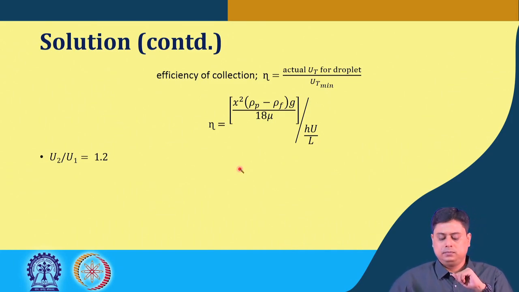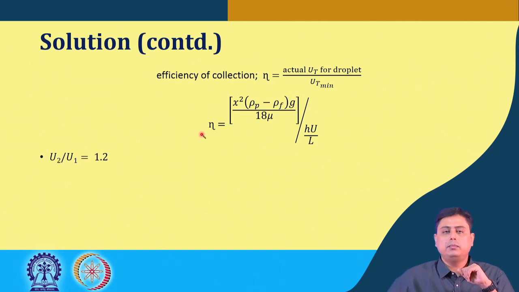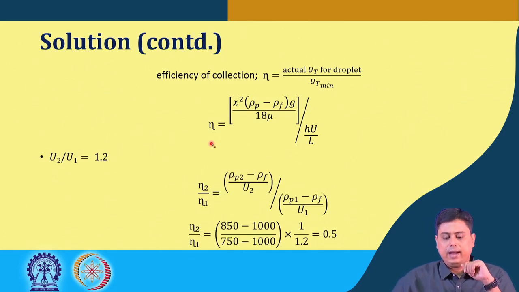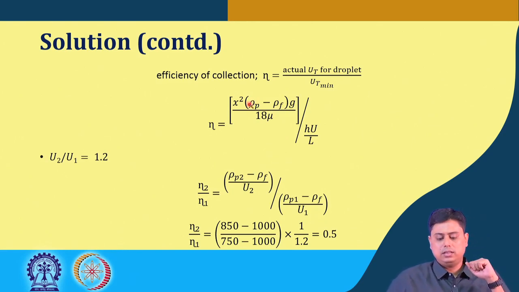So, what would the efficiency be at the modified state? We can get it in this ratio, because all other parameters are constant except rho p, which is changing because the oil density has now changed from 750 to 800.